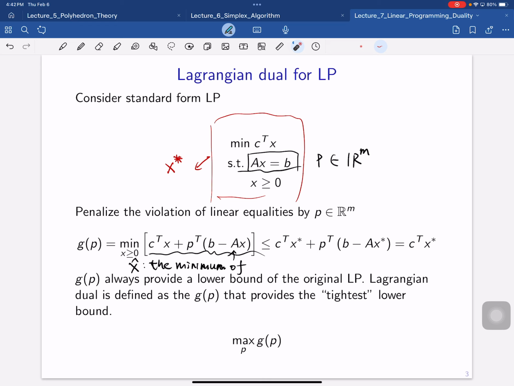When you solve an optimization problem, if you have limited resources, you don't necessarily want to solve this problem to optimality. What you do want to know is how far you are from the best possible optimal solution. So in practice, what duality gives you is also an estimate of how far you are from the optimal solution. For a given p, you cannot get better than this function g(p).